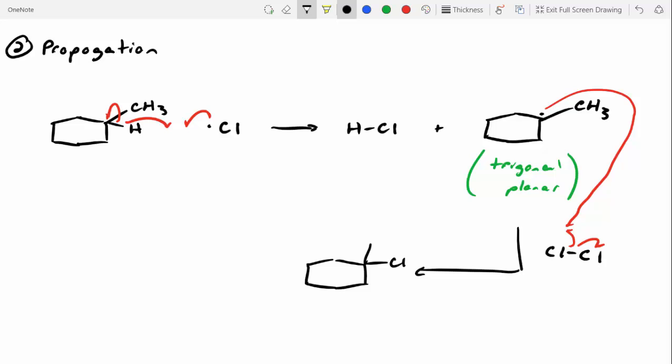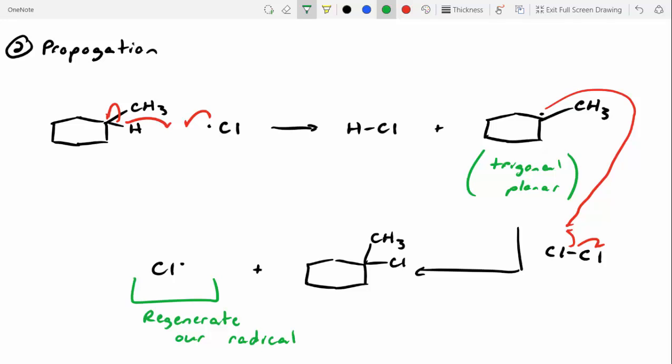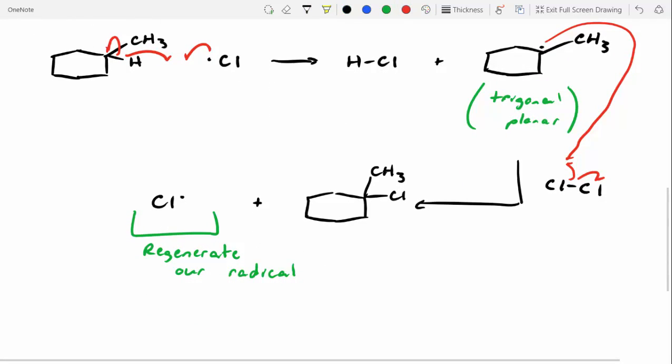So now we've got chlorine, CH3. So we regenerate our radical. And now we've got a new carbon halogen bond. Now we can go to our last step, which was termination.